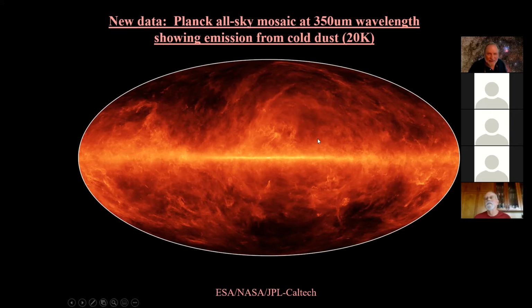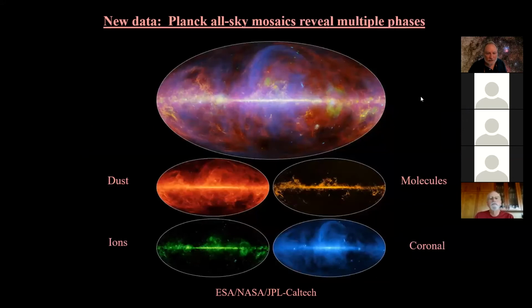And it, again, is showing emission from this irradiated dust, but it's a beautiful piece of data, well calibrated, et cetera. So this is available to everybody, even rubes like me, through NASA's Skyview facility online. They also have imaged at multiple wavelengths, and these have revealed multiple phases.